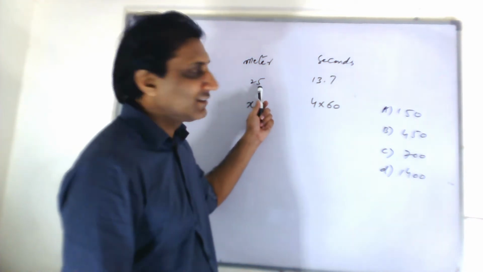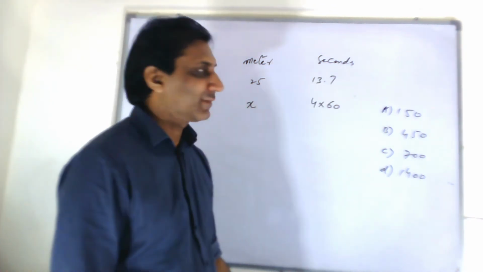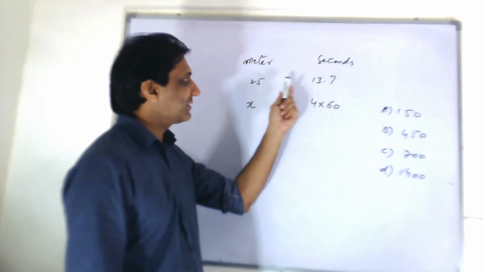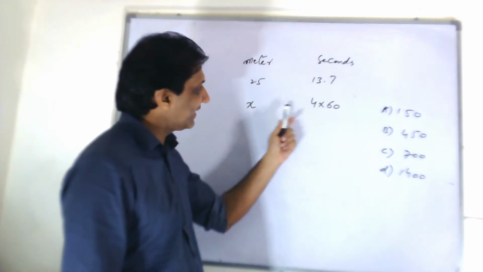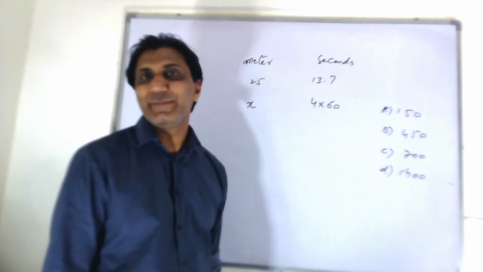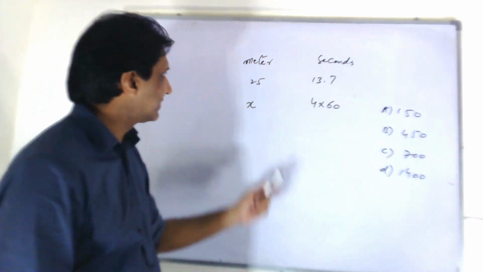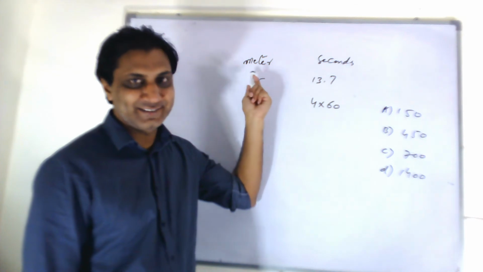So, 25 meters in 13.7 seconds. Nate travels 25 meters in 13.7 seconds. How many meters will he travel in 4 minutes? Means 4 times 60, 240 seconds. Because more the seconds, more the meters traveled.